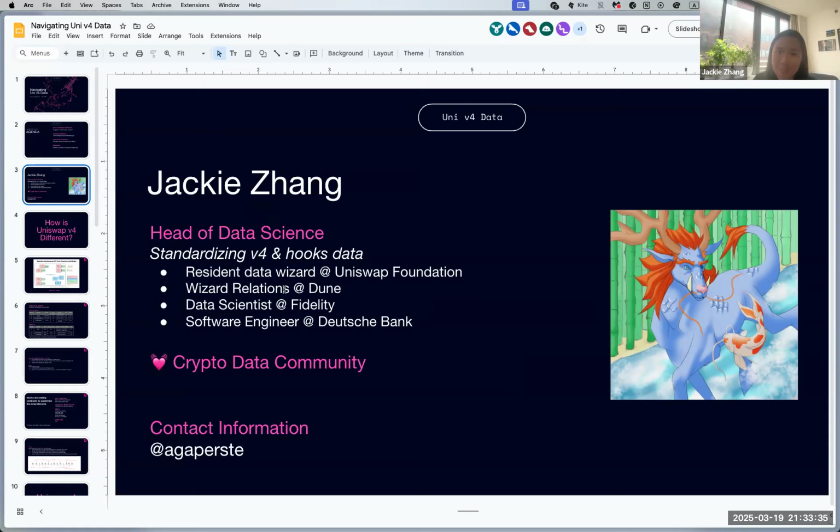It's so open and composable, and it's really nice to build data stuff together in Web3. If you want to find me, Agaperstate is my handle, both on Twitter and on Telegram. So feel free to find me.